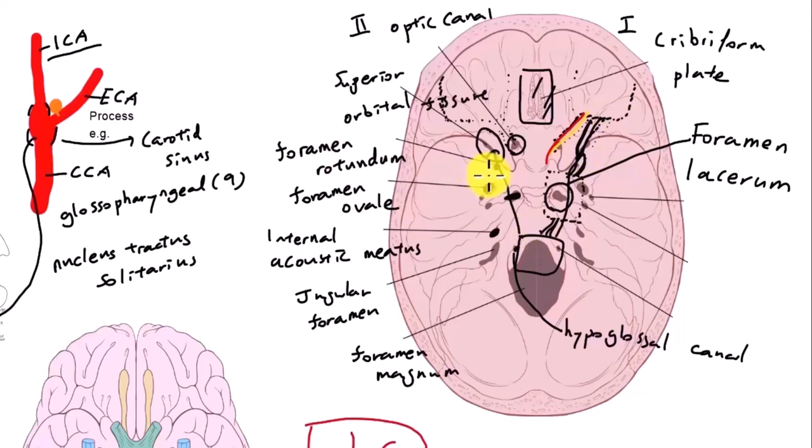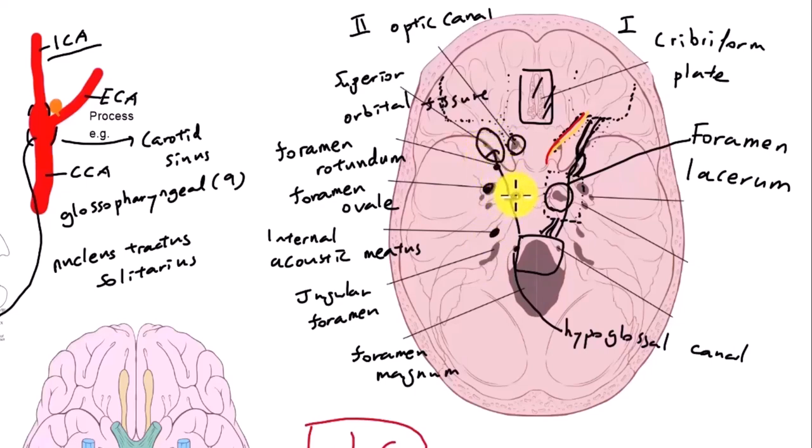Foramen rotundum contains the maxillary branch of the trigeminal nerve, and the foramen ovale houses the passage of the mandibular branch of the trigeminal nerve. It's quite easy to remember because starting from the top, 1, 2, 3, 4, 5, and within the 5, 1, 2, 3 comes out from anterior to posterior sequence, and 6 in the superior orbital fissure, the abducens nerve.